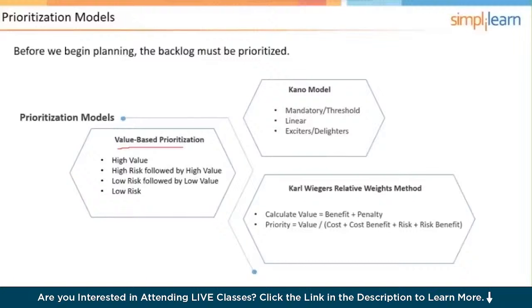And then the third category is exciters and delighters. Those are features or functions, user stories that are not mandatory. And the absence of them will never result in satisfaction going below neutral. But by adding them, you could create excitement and delight for the customer.